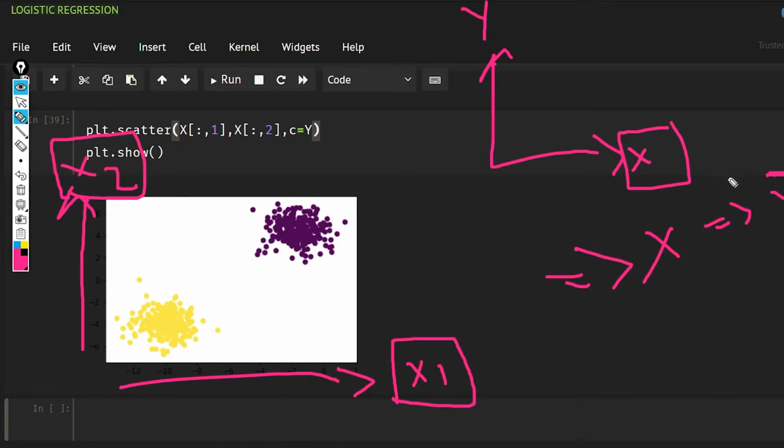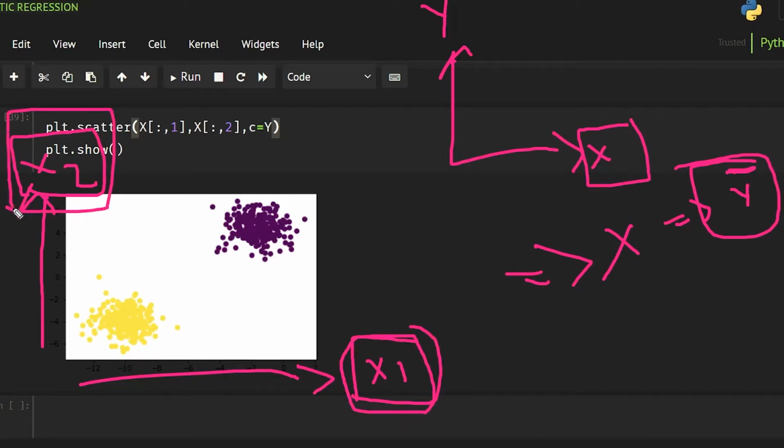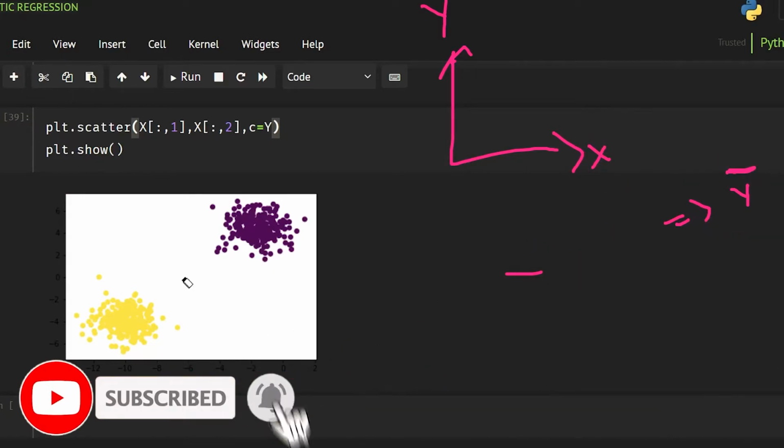On the basis of this, we used to get the y prediction value. Similarly, we are going to pass this value and we are going to get this value. We will see the formula I'm going to use to predict that output.